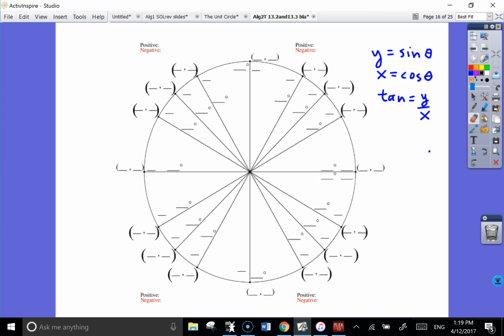So, for example, if I want to do the degrees here, let me start by filling in these degrees going all the way around. I know that this is 0 degrees, and it's also 360 degrees. I know that this is 90 degrees. This is 180. This is 270.